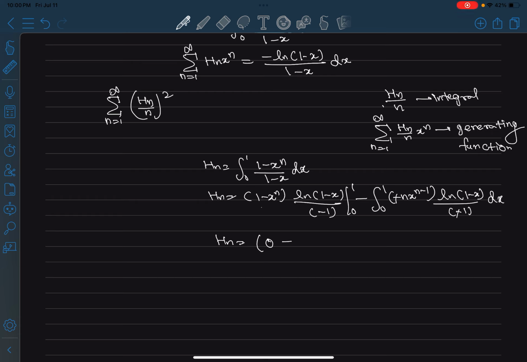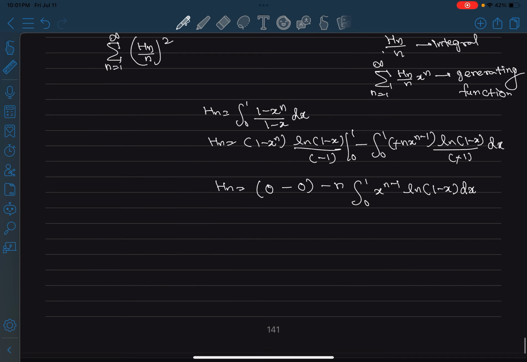Similarly at 0, 1 minus 0 is 1, and ln of 1 minus 0 is ln of 1, which is 0. So again this is 0. So over here, notice there's this minus n times the integral from 0 to 1 of x to the power n minus 1 ln of 1 minus x dx.